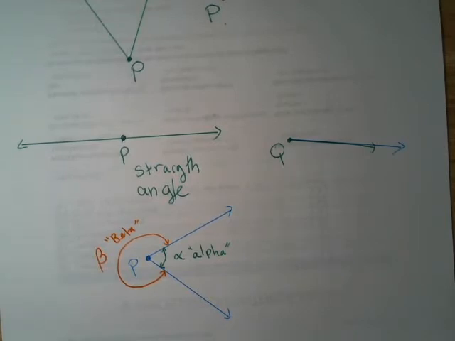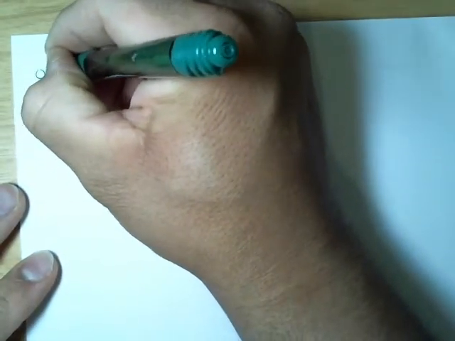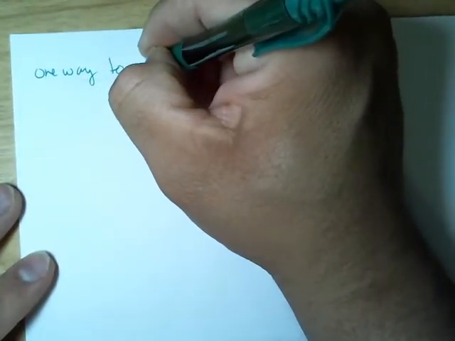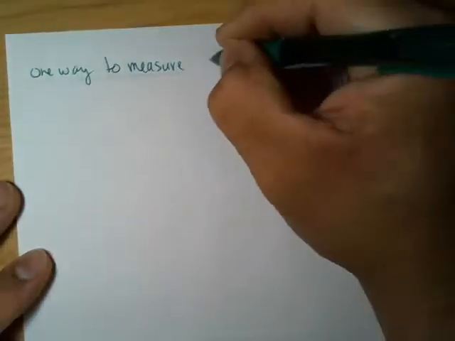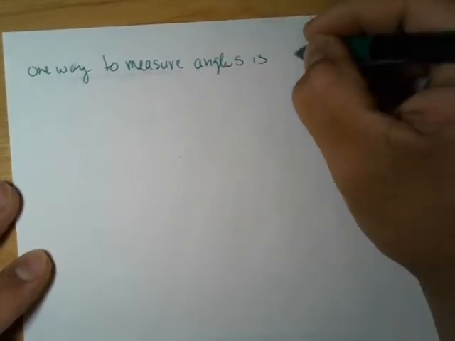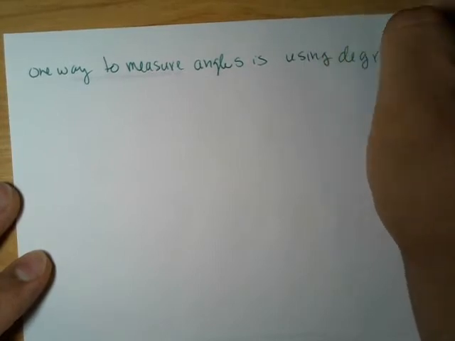One form of measurement is degree measure. One way to measure angles is using degrees.